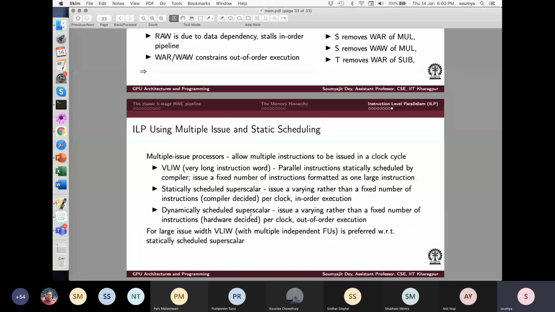Okay, so if you see VLIW, what you are saying is there are certain pipelines, right? The compiler is finding out which are the parallel instructions.